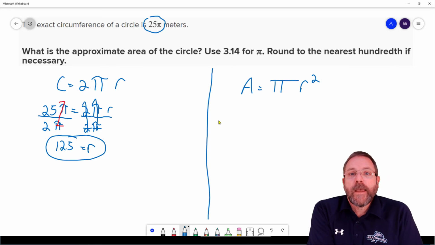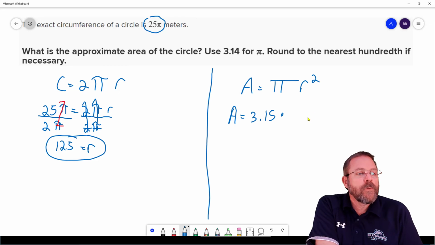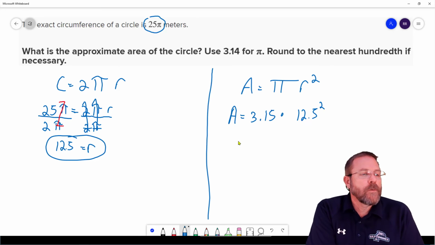Now I can take that along with 3.14 and plug it into the area formula. Area is equal to 3.14 times my radius, 12.5 squared.